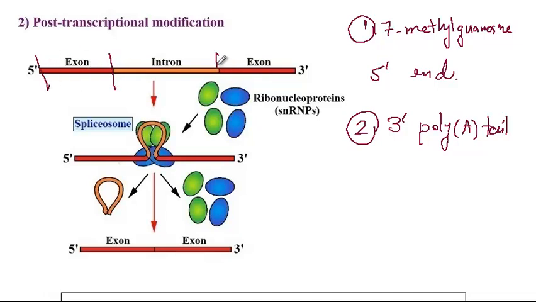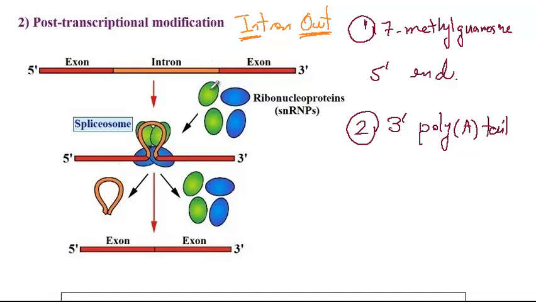This other exon is our coding DNA, but this intron is a non-coding DNA. It doesn't code for any proteins. So once this mRNA is formed, we need to cut this intron out. And the memory aid that I have for you is called introns out. So introns need to be cut out.